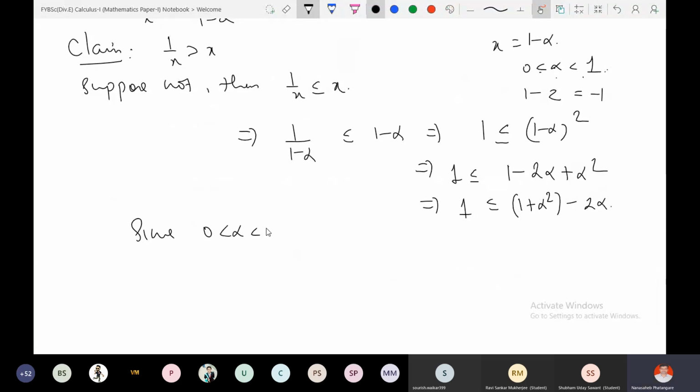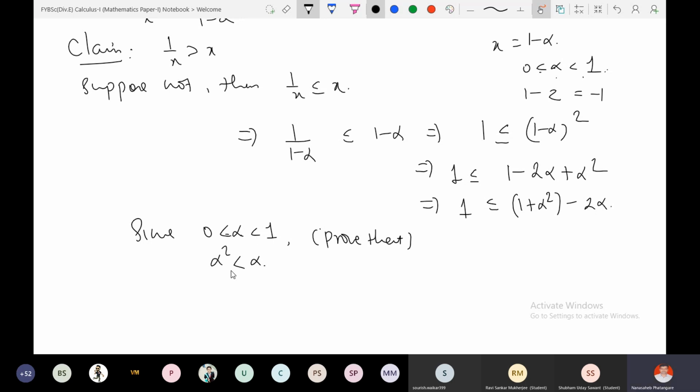So since 0 is less than alpha less than 1, can you prove that alpha square is less than alpha? Am I right? Can you prove this?